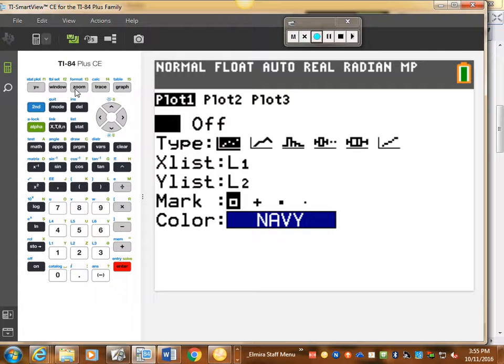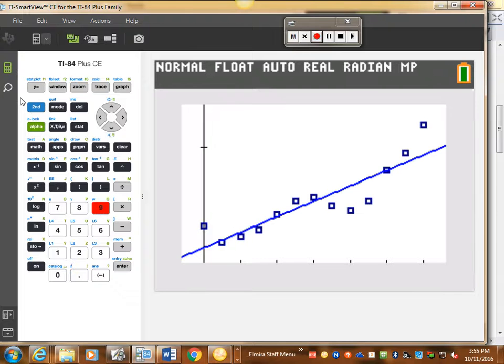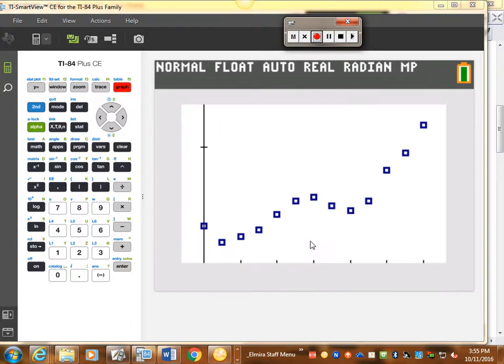So if you go to zoom, okay, hit zoom, and then option 9, zoom stat. Hit 9. Okay, and I gotta turn that off for a second. Like I said, I have all this programmed in already, and I don't want you to see that line yet.